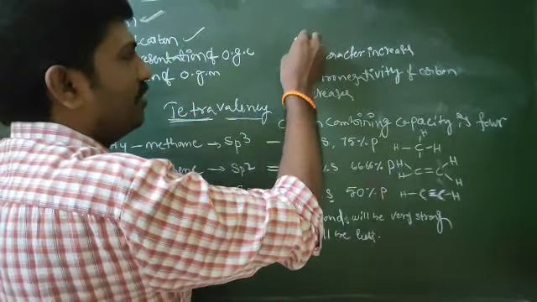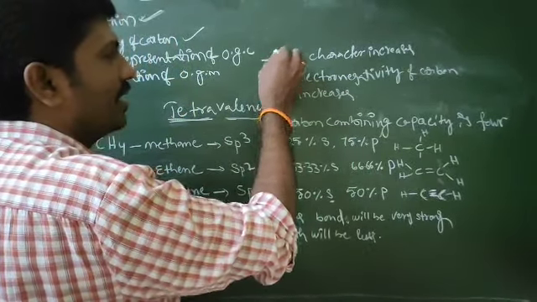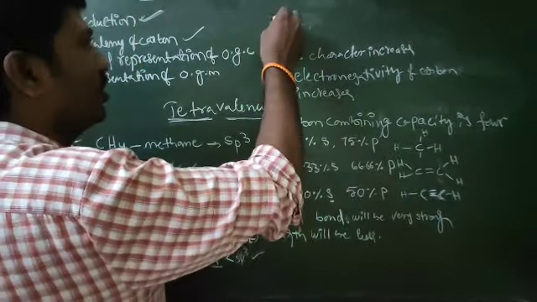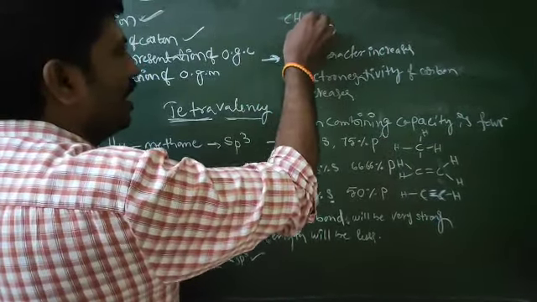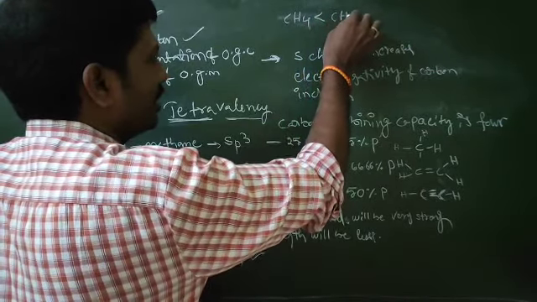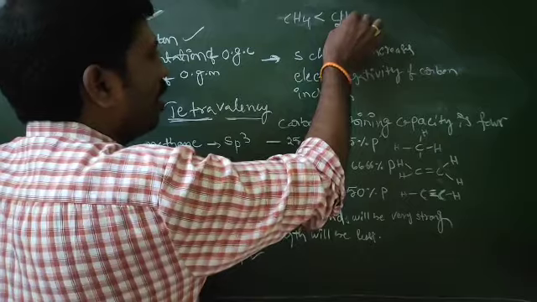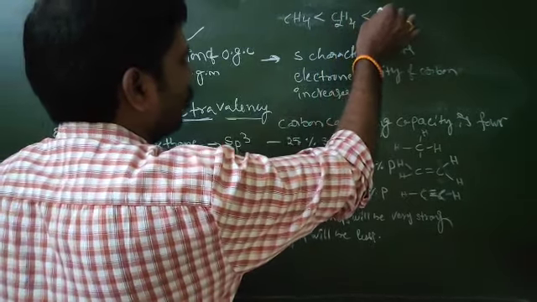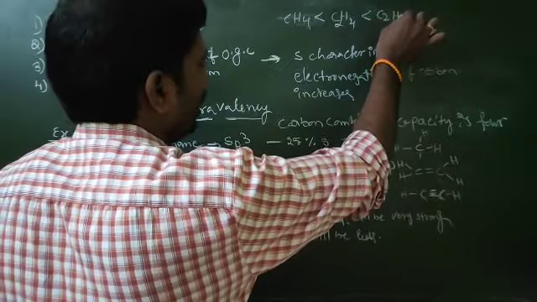So how will it come? s character, sp. In sp, otherwise we will take the molecule. CH4 is less electronegative than C2H4, and more so for C2H2.